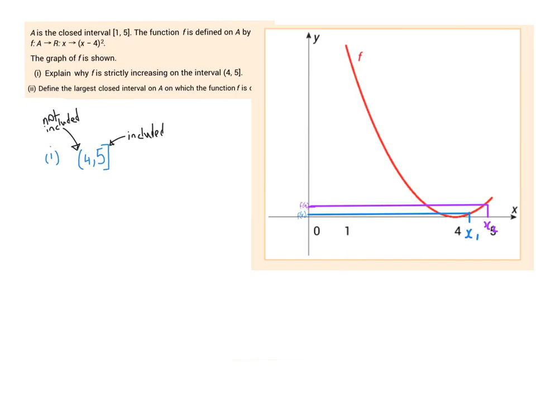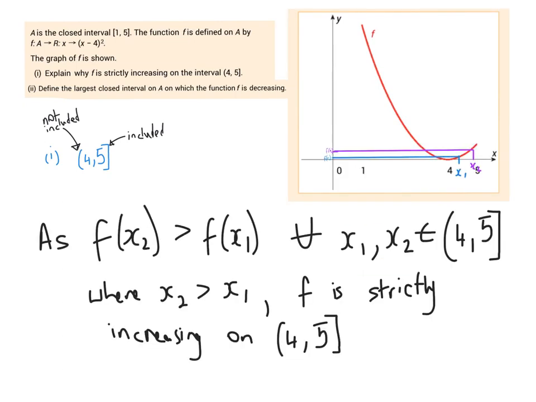So if we're to answer this question, we say that as f of x2 is greater than f of x1 for all, do you remember this symbol here, for all x1, x2 which are an element of this interval from 4 to 5, though 4 not being included, where x2 is greater than x1, we can see that again because it's moved along the x-axis, that f is strictly increasing on 4 to 5.